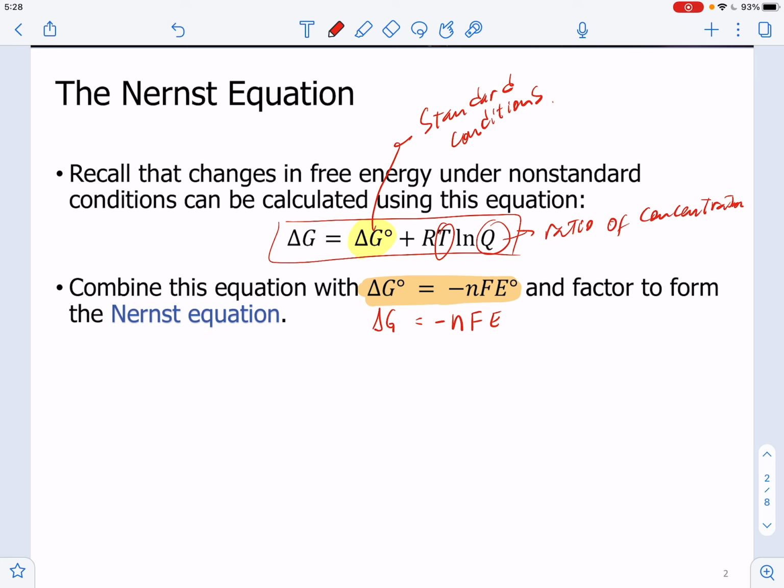So we can take these two equations and incorporate them in the one that we have on top.